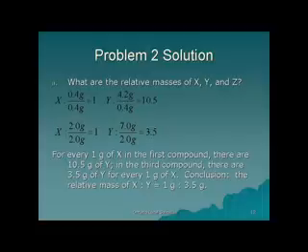So for every 1 gram of X in compound 3, we have 3.5 grams of Y. Now, because one of the formulas is XY, an assumption can be made here that compound 3 is XY because it has the closest mass ratio between X and Y. If you look at the first compound, there's 3 times as much mass of Y for every gram of X. In the third compound, there's just that 3.5 grams for every 1 gram.